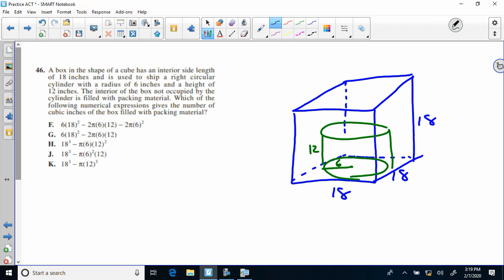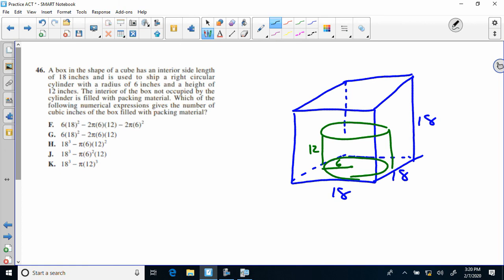We paused it and drew a picture. So the box is 18 by 18 by 18, and it's used to ship a right circular cylinder with a radius of 6. So we have a green little cylinder inside of it with a radius of 6 inches and a height of 12 inches. So it's not all the way to the top of the box, nor does it go to all the sides of the box, and you've got the corners as well. And so they put packing material in there.